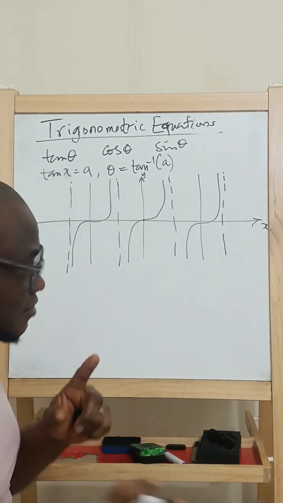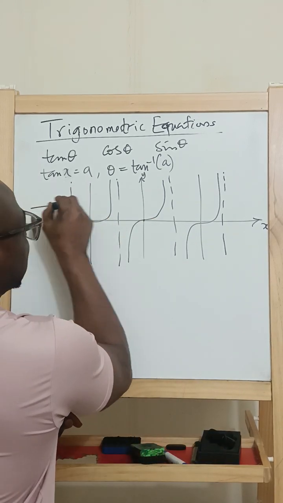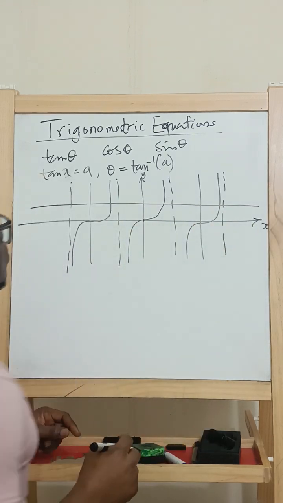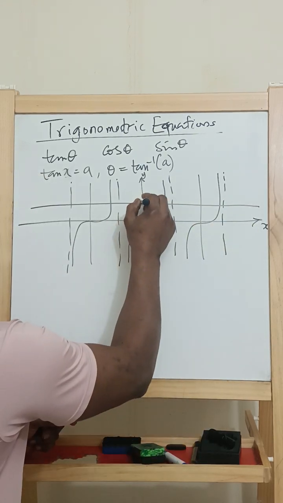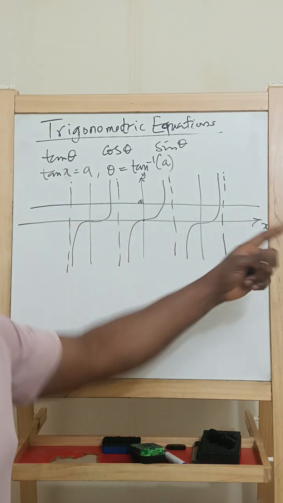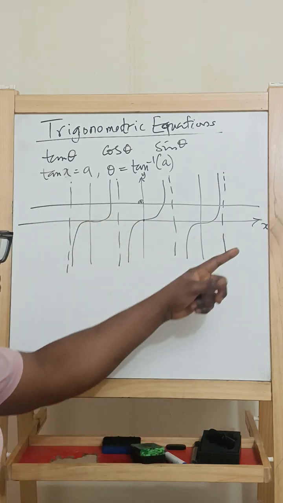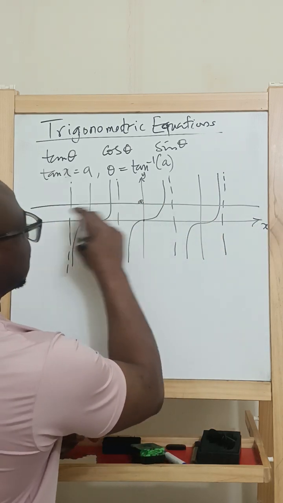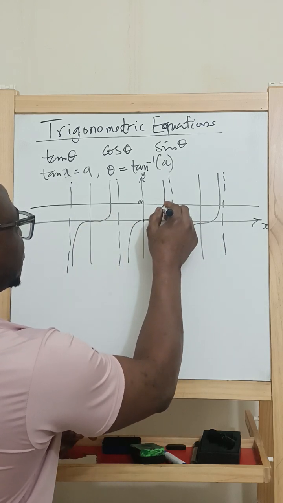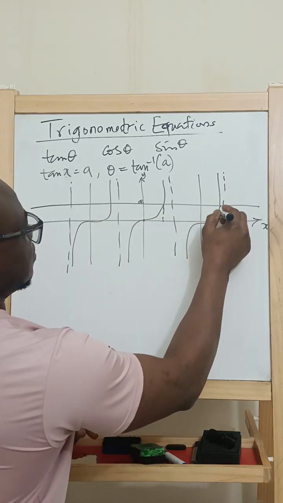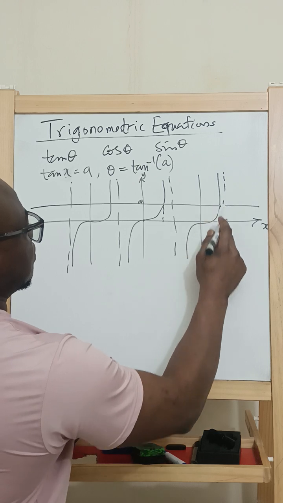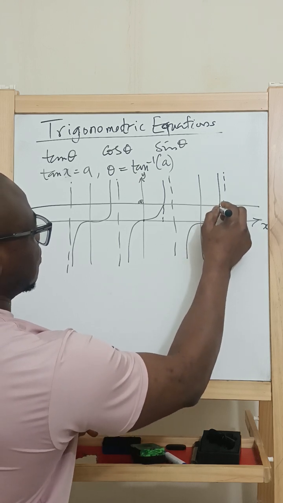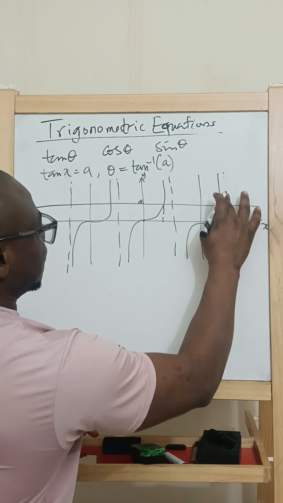You see, this A is a straight line that passes through the curve of tan theta all through. And when it passes through that curve, it cuts it at specific points. Like this one, it cuts it here. The line of asymptote is here.